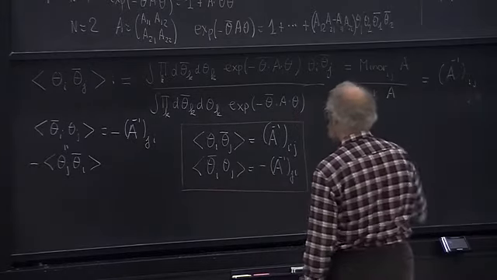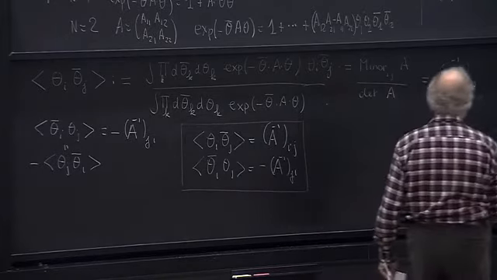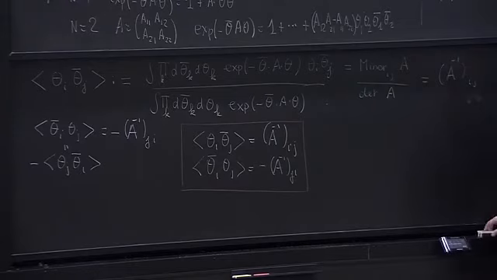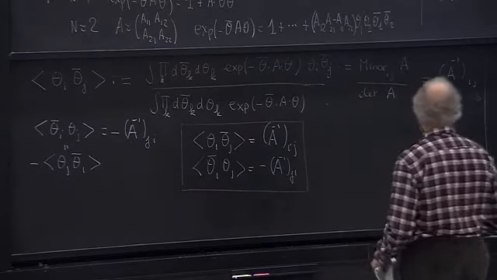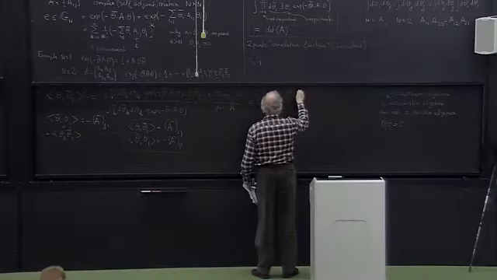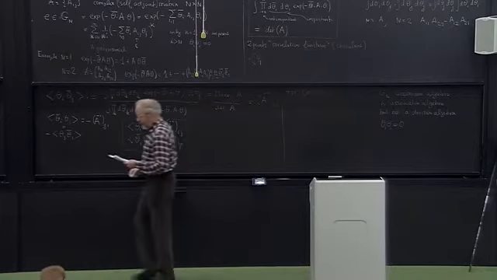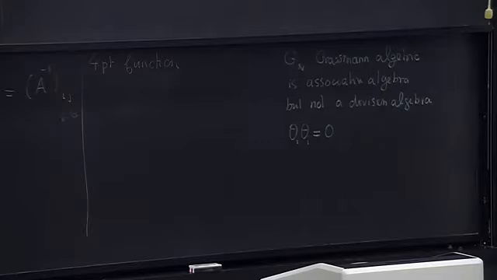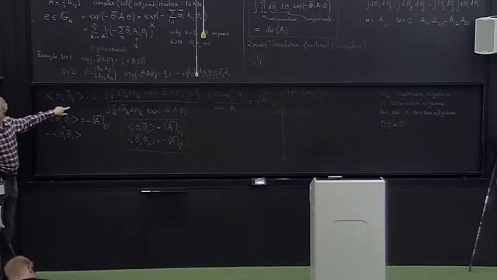So this is the second result of the definition of my integral. And finally, what happens if I take the calculation of the products of four-point function? Well, it's easy to see that this kind of thing can be nonzero only if you have as many thetas and theta bars.